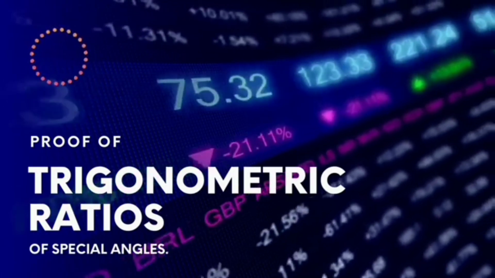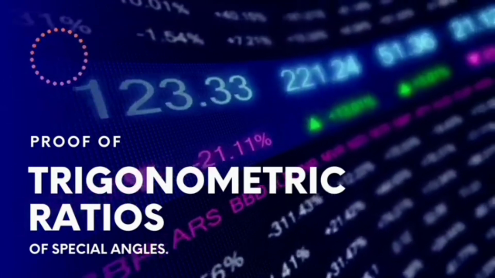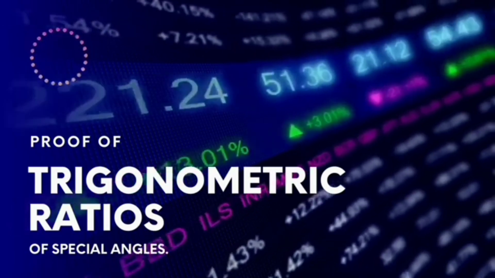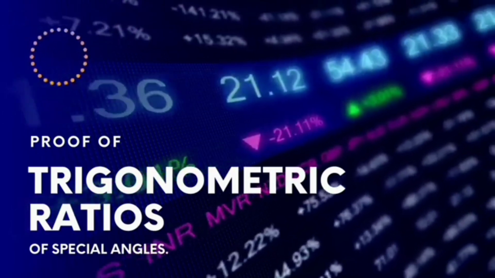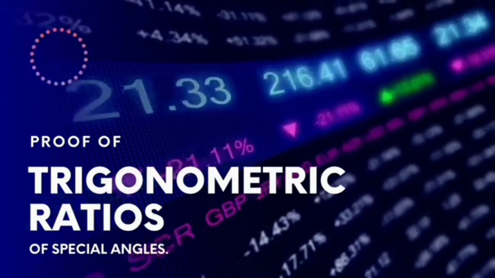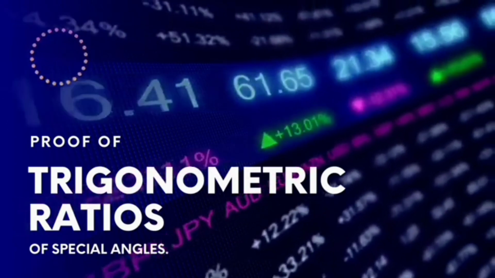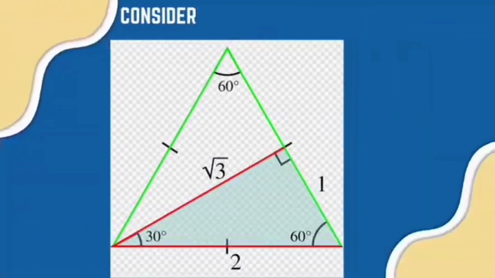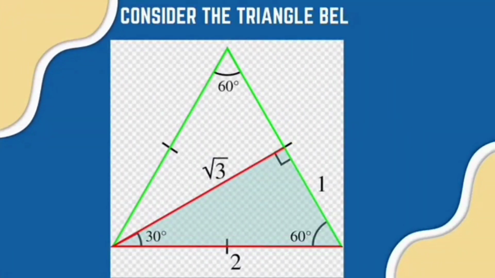Next, let's learn about the proof of trigonometric ratios of special angles using a right-angled triangle. Firstly, let's learn about the proof of the trigonometric ratios of 30 degrees and 60 degrees.